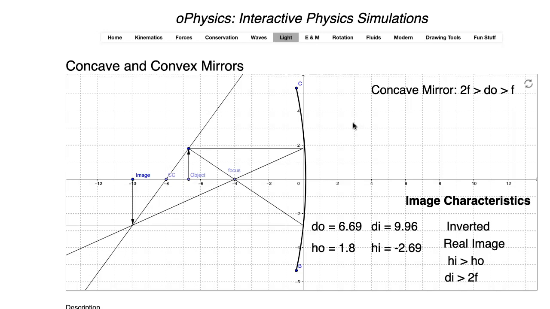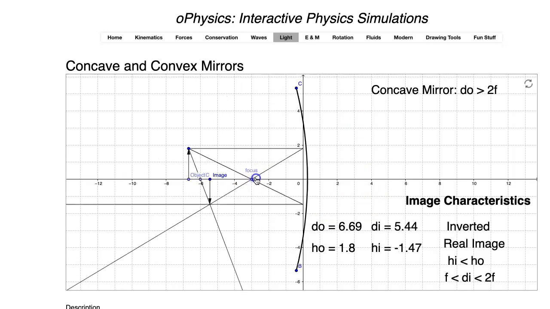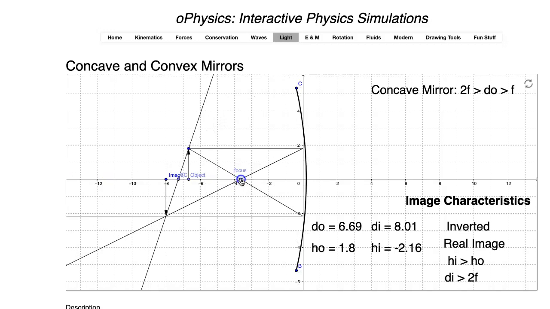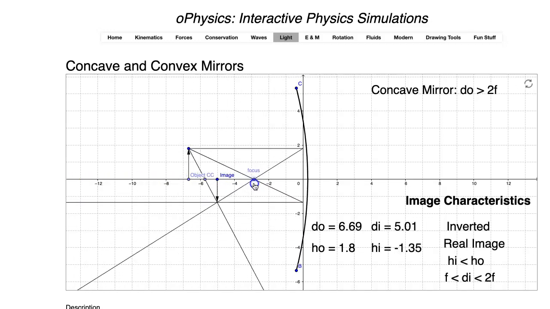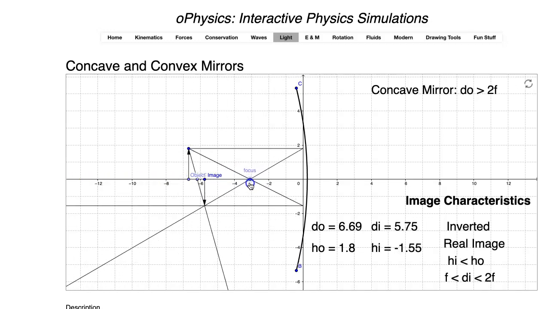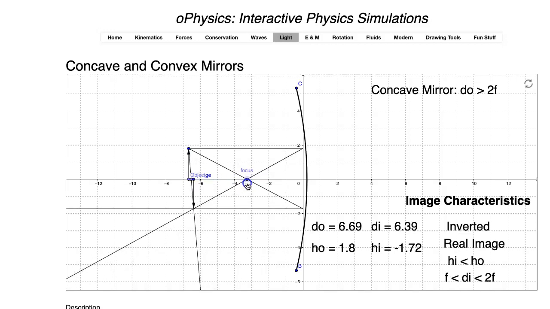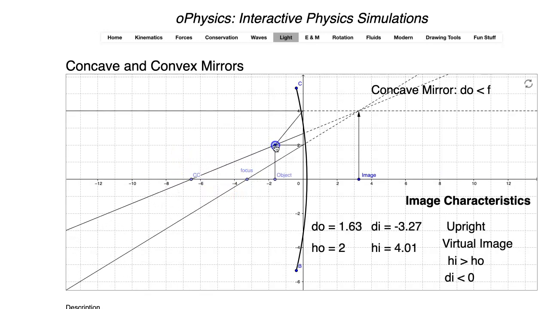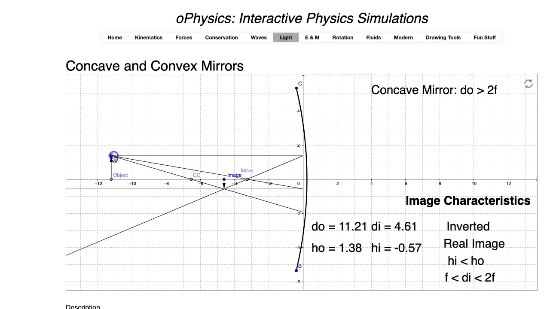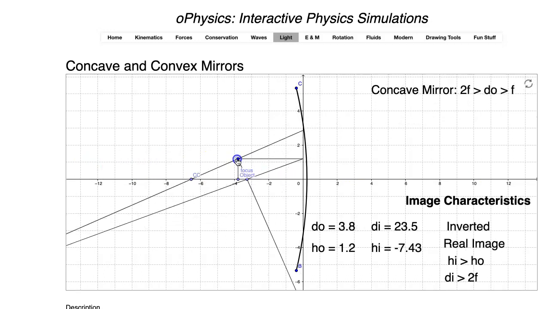In my case, I chose 3.2. This is how you change the focus. You hit the focus, and here this is 3, and then 3.2, maybe somewhere here. Okay, I'm not certain.